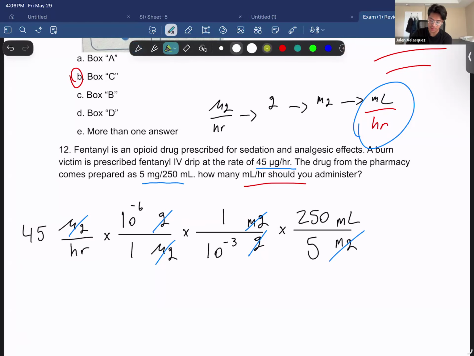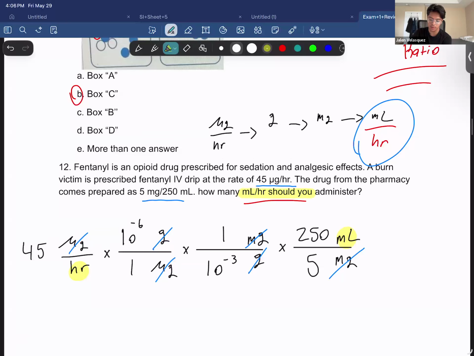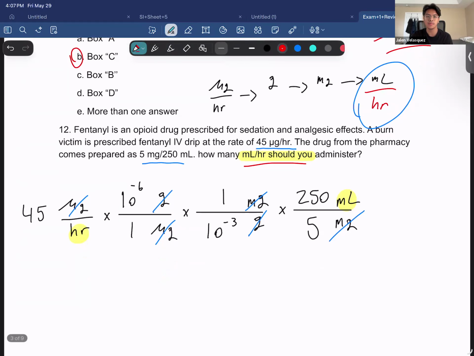What do we have left? We have milliliter per hour, which is exactly what I needed to figure out. So I want to give you a moment to plug this into your calculator and see how many milliliters per hour we should administer to this patient.